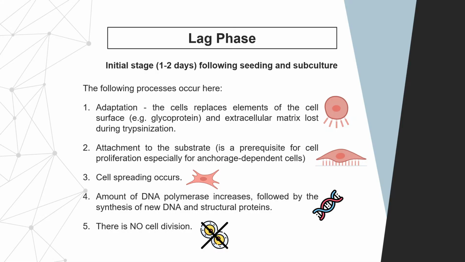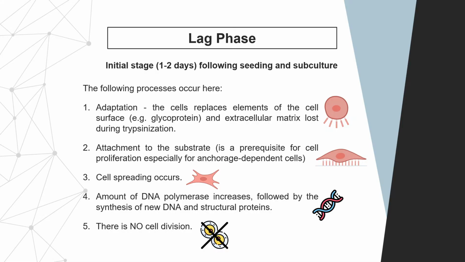Secondly is the attachment to the substrate. This is a prerequisite for cell proliferation, particularly for the anchorage-dependent cells. They need to sit on the substrate and slowly get acquainted to it, and that is also part of the lag phase. The third one is cell spreading.